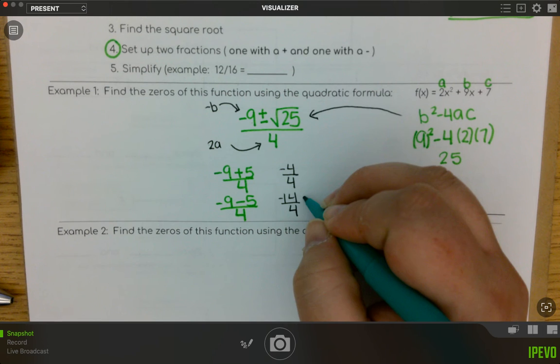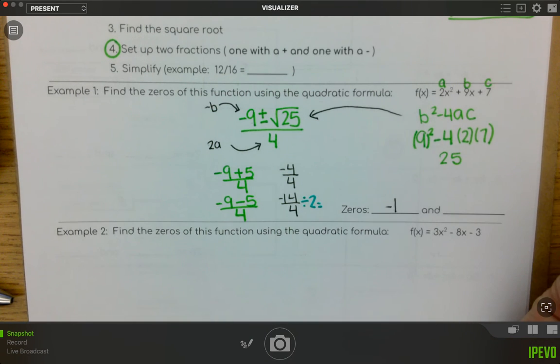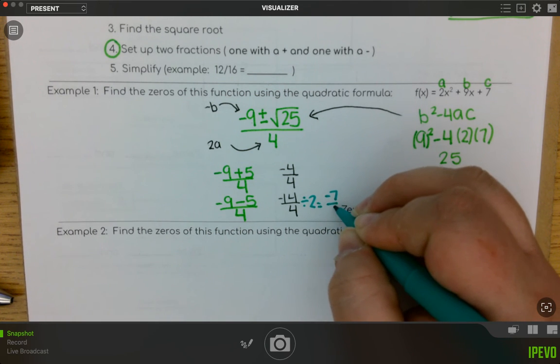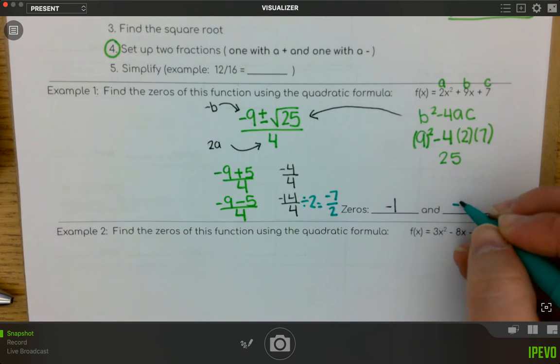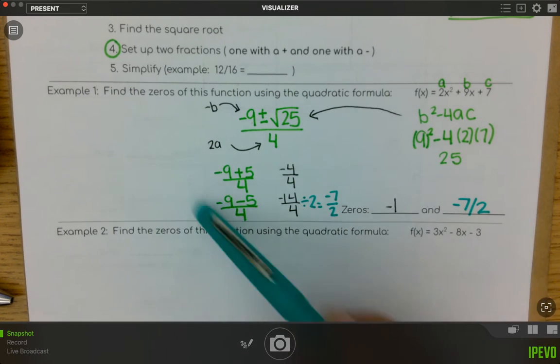Those can both divide by 2, and that's going to be negative 14 divided by 2 is negative 7. 4 divided by 2 is 2.